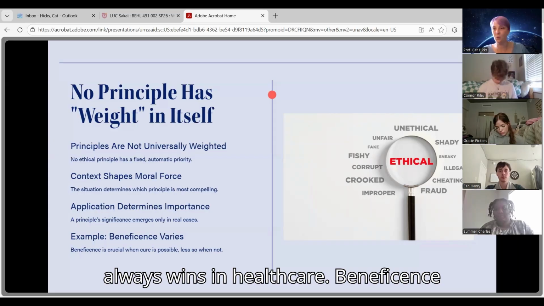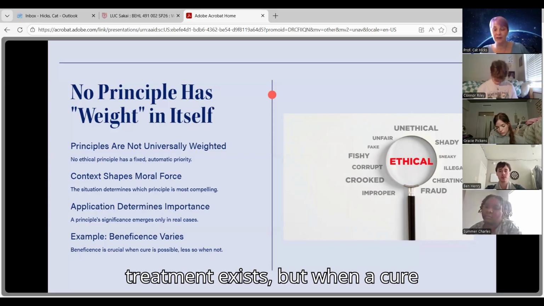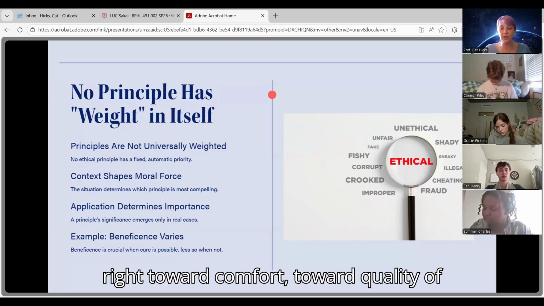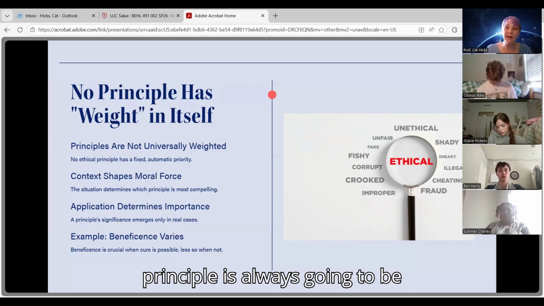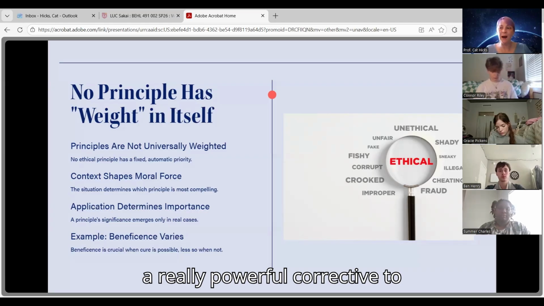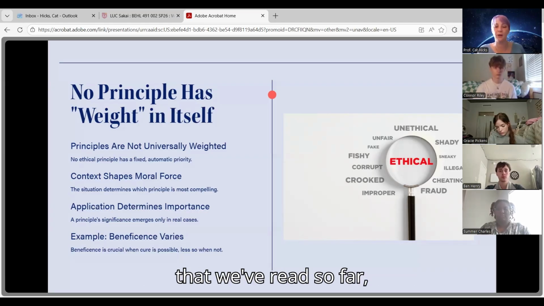No principle always wins in healthcare. Beneficence might dominate when an effective treatment exists, but when a cure is impossible, beneficence weight shifts, right, toward comfort, toward quality of life. So the weight of a principle is always going to be case dependent. And this is a really powerful corrective to the rigid approach to principlism that we've read so far.